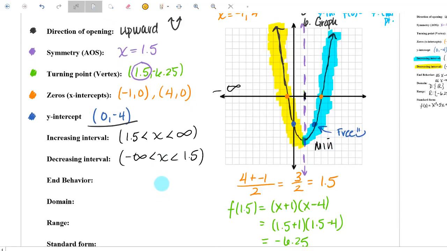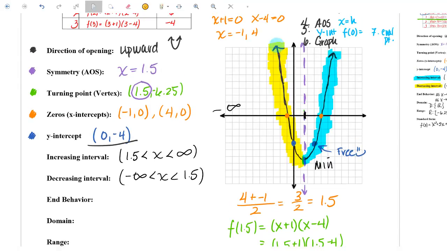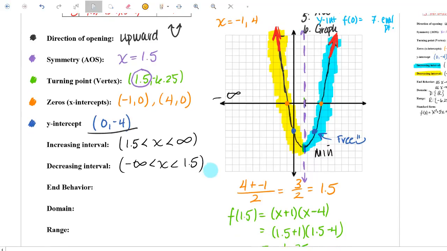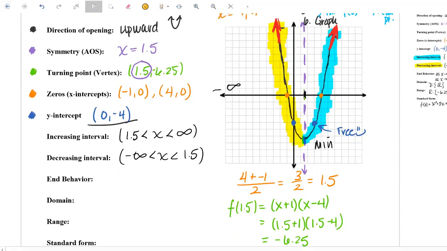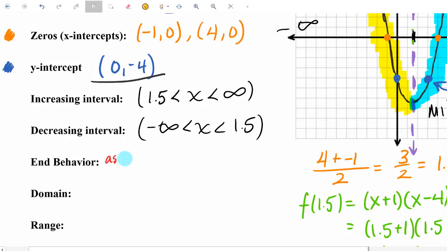All right, end behavior then. With end behavior, we're going to be looking at the edges, or the ends of the function. In this case, we're going up on the left, and we're going up on the right. So when we get to end behavior, we're going to write: as x goes to the left side, so as x goes to negative infinity, f of x, our y values, our function is going up to positive infinity, because that's what we saw in our arrows, right?